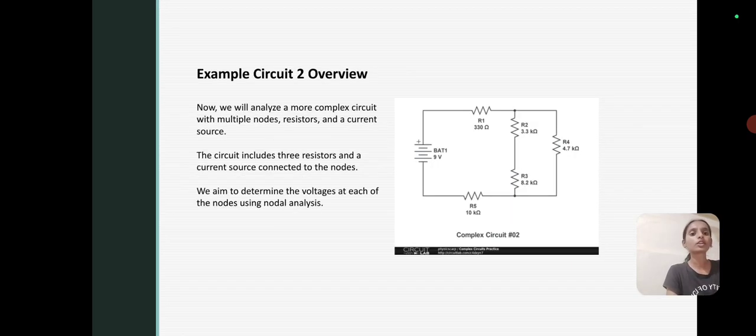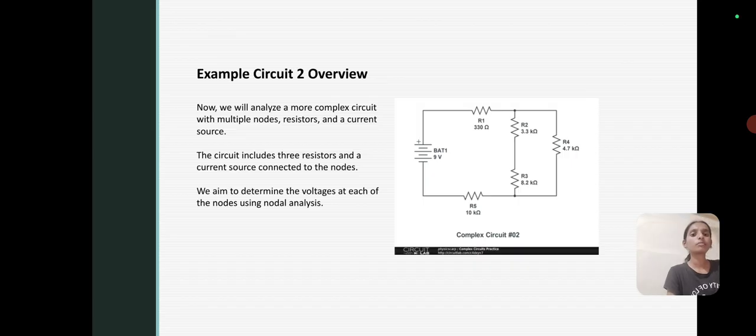Example circuit 2 overview. Now we will be analyzing a more complex circuit with multiple nodes, resistors, and a current source. The circuit includes three resistors and a current source connected to the nodes.